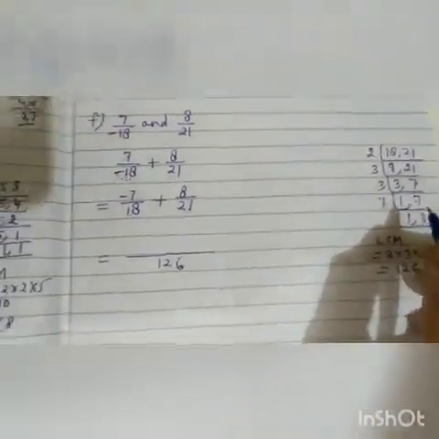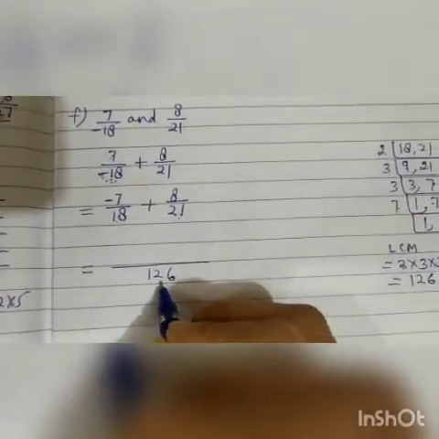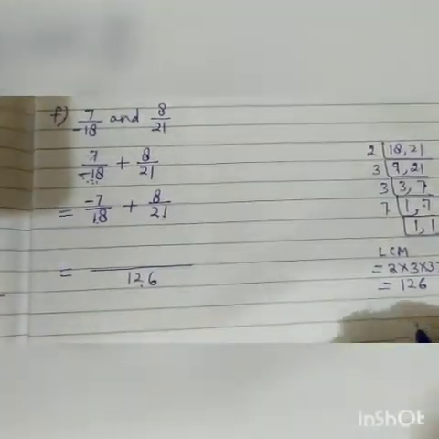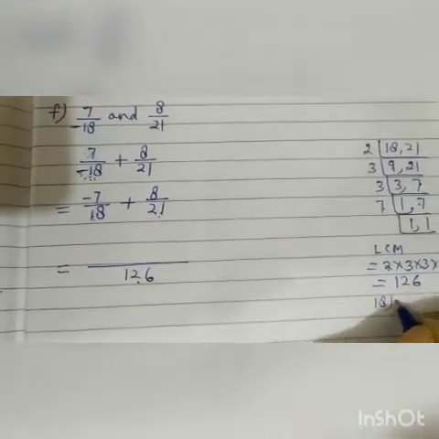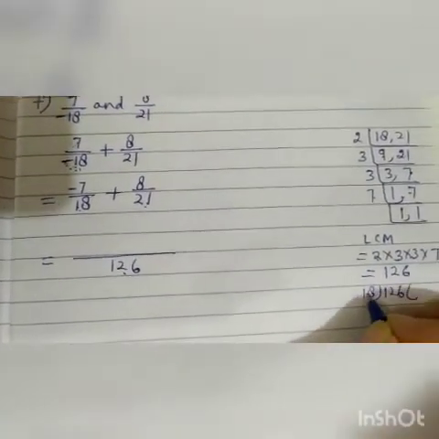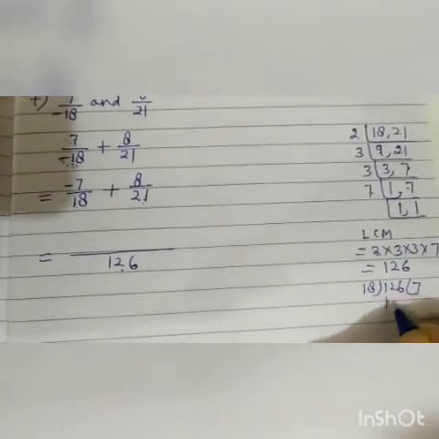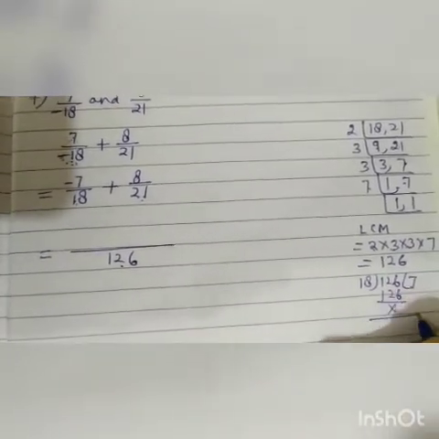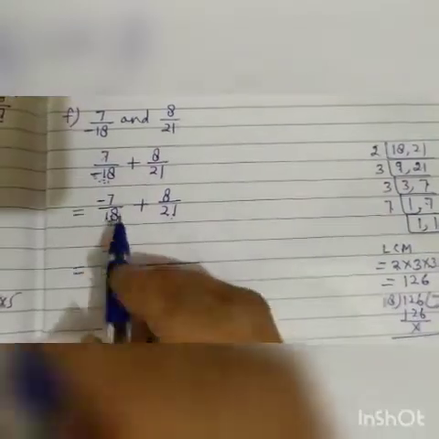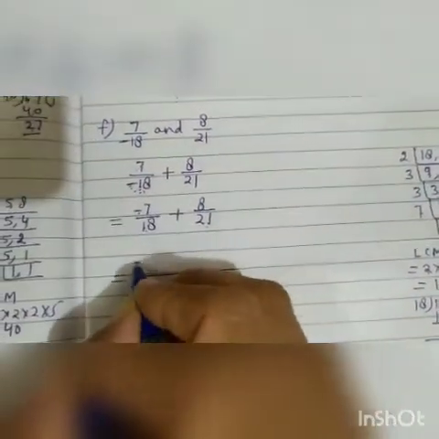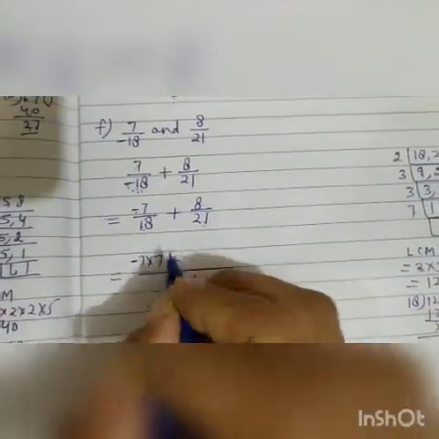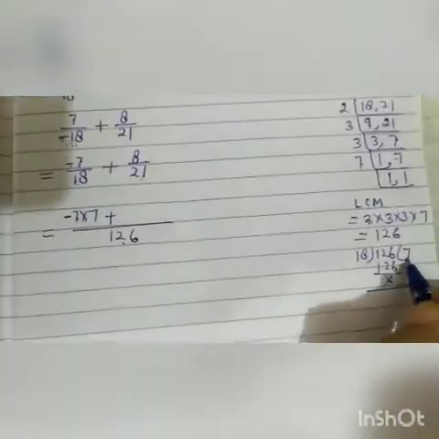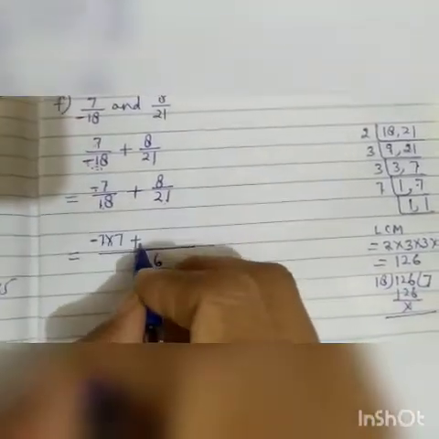Now divide this LCM 126 by this 18 denominator. 126 divided by 18, 18 7s are 126. Now this 7 multiply this minus 7. Minus 7 multiply by this 7. Then this plus sign.